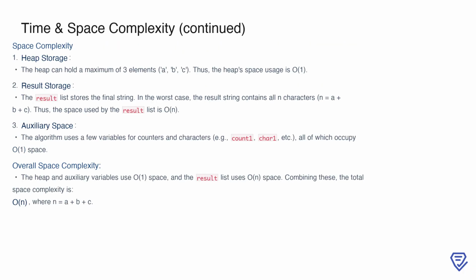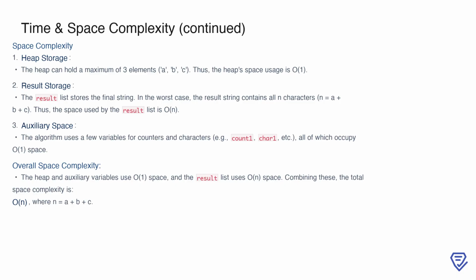Next, let's consider the space complexity. First, the heap can hold a maximum of 3 elements, representing the characters a, b, and c. Because the heap size is constant and does not grow with n, the space used by the heap is O(1). Then, there's the result list, which is used to construct the final string. In the worst case, this list will store all n characters, making its space usage O(n).